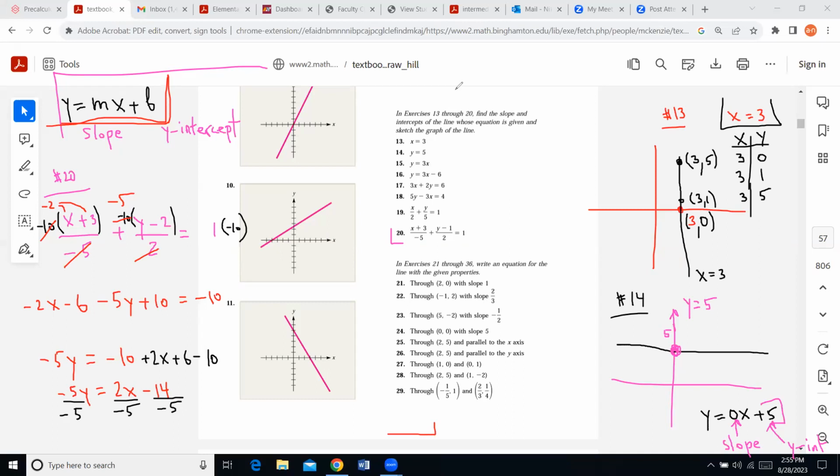So I get a y on one side, and this will be equal to -2/5 x. And then when I divide 14 by 5, we also have positive 14/5. So here's the answer, and we're done.